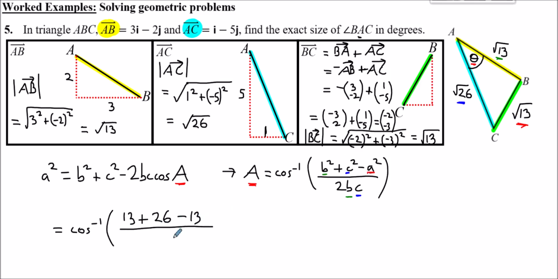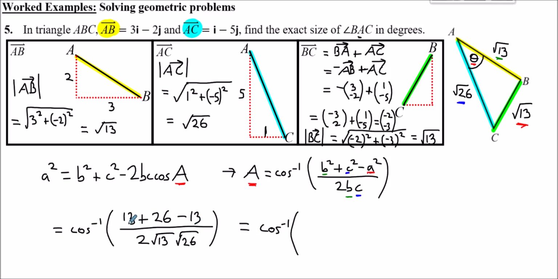And all of that is going to be over 2 multiplied by b, which is root 13, multiplied by c, which is root 26. So you could just bash this into your calculator, that's absolutely fine. I'm just going to show you, just for the heck of it, how this can simplify into an exact fraction.